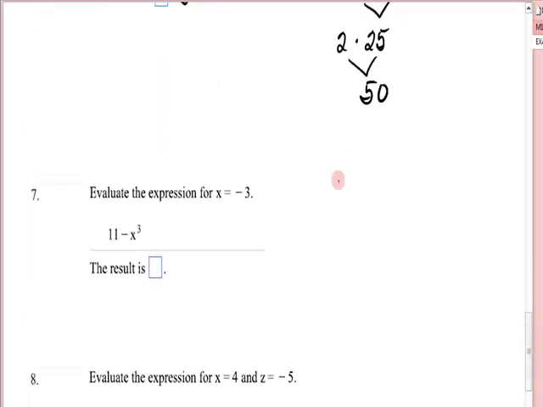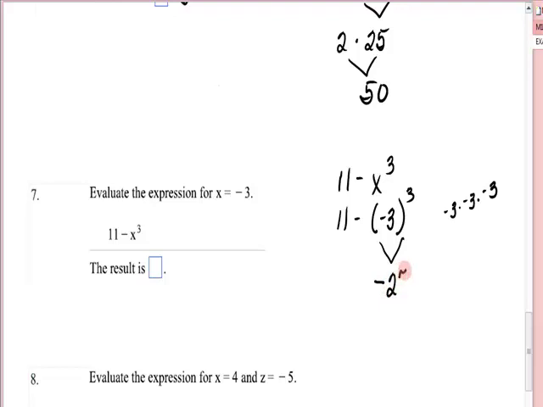All right, number 7. I have 11 minus x to the third power. So I have 11 minus parentheses -3 cubed. My order of operations tells me to do exponents first. This will be -3 times -3 times -3. I have a product of 3 negatives. That means it's going to be negative, and the product is 27.